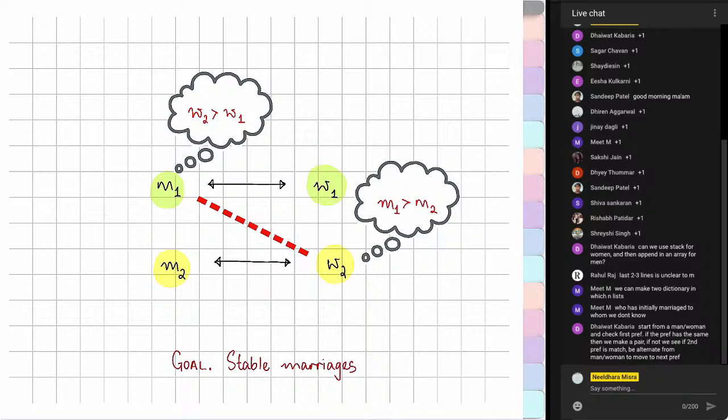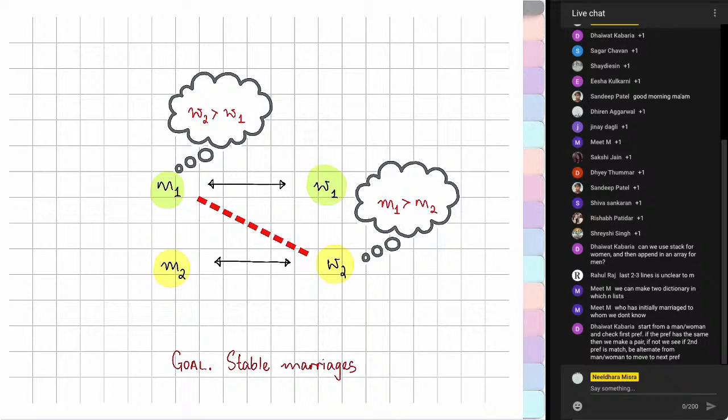And what you want is that the following situation does not arise. The situation that you can see on your screen is the sort of thing that we encountered earlier, and we said this was not a happy situation. Let's say M1 is matched to W1 and M2 is matched to W2. In the context of this problem, you might even say M1 is married to W1 and M2 is married to W2. But in terms of preferences, M1 prefers W2 over W1.